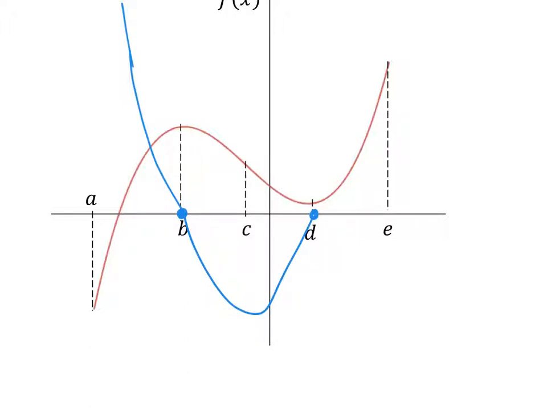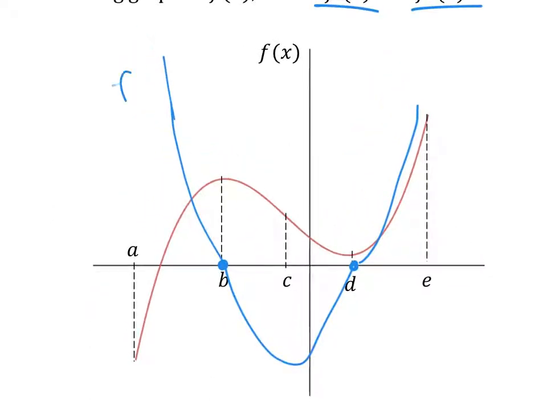Okay, between D and E, what's the slope? Positive, so we're going to go up. Something like that. So this is my f prime graph.